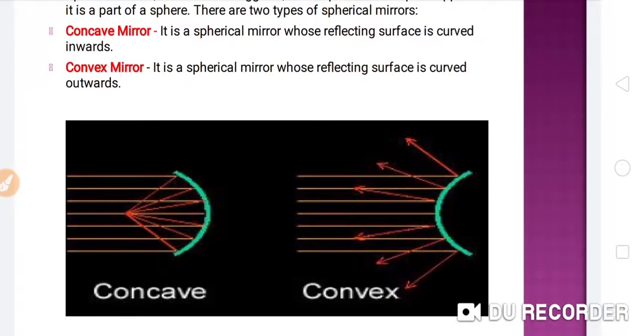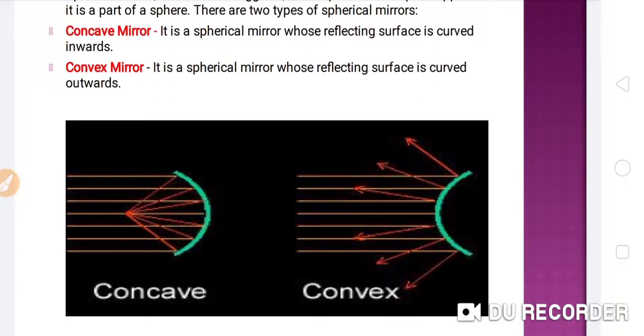Students, you can see the rays of light falling on the concave mirror are pointing at a particular point. This is a specific kind of nature, the convergent nature.